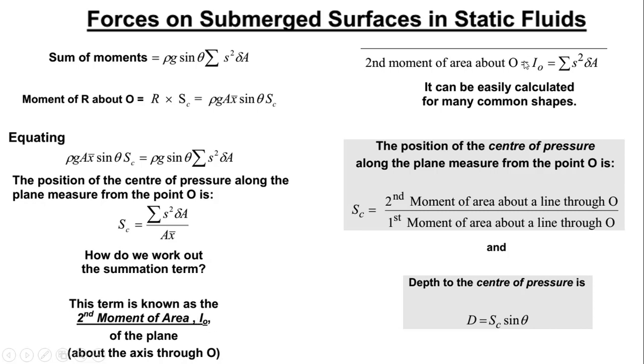So the second moment of area about O, I naught, is the summation of S squared delta A. In other words, if you are going to look at the position of the center of pressure along the plane, measured from the point O, it can be written as SC is equal to the second moment of area about a line through O divided by the first moment of area about a line through O. Like what we have seen before, the top one is the second moment of area, and the bottom one is the first moment of area.